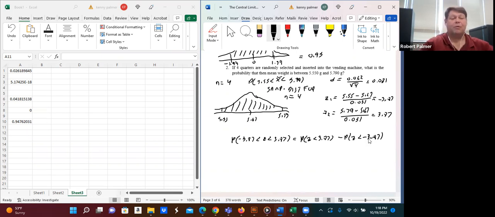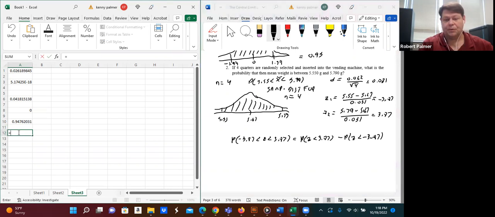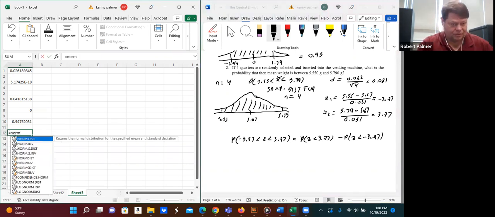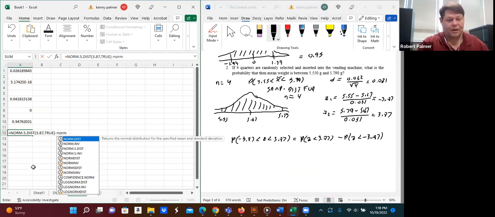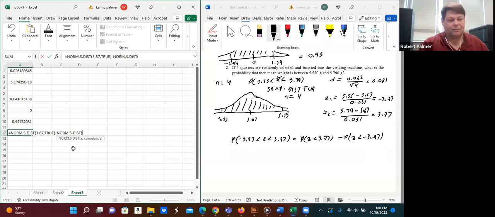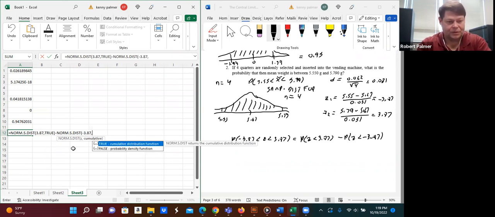Let's come back over to Excel and do that. It's equal to NORM.S.DIST of 3.87, and then TRUE, then minus NORM.S.DIST, the standard normal distribution, again of negative 3.87, once again typing in TRUE.